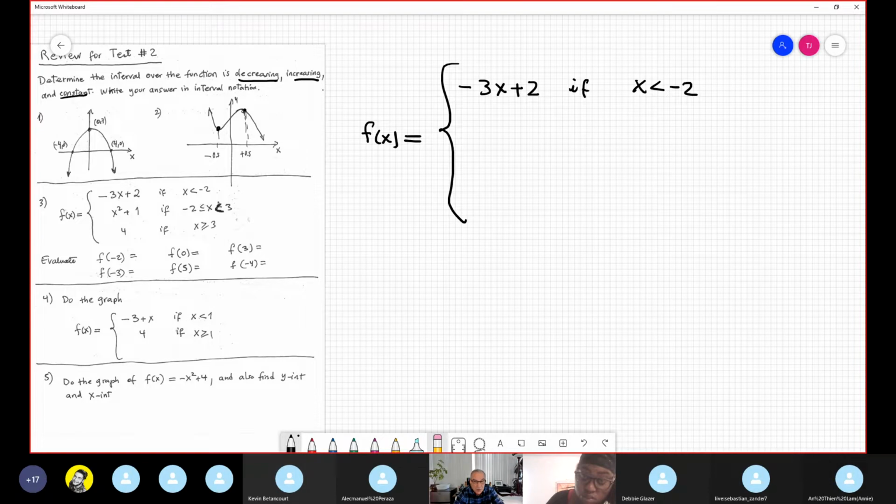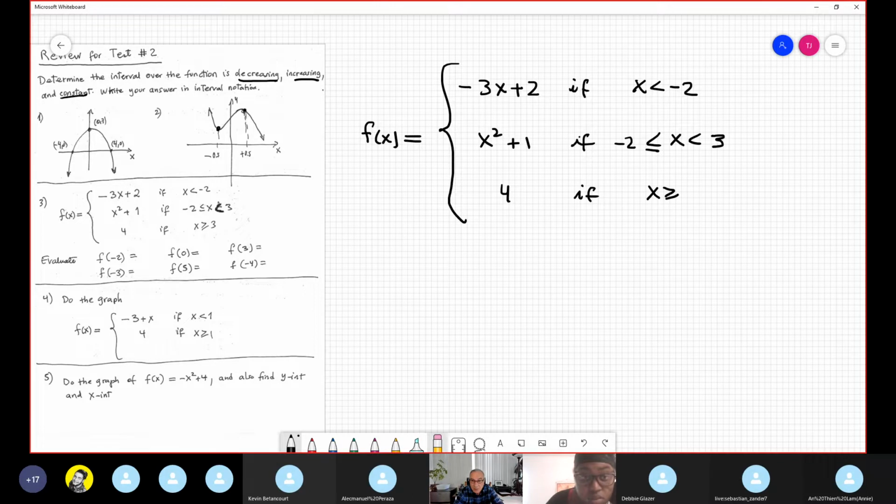Remember, a piecewise function is a function that you define using different pieces, and the pieces have conditionals. This if is the conditional. If the value in the domain that you pick belongs to this condition, you select the corresponding expression. Otherwise, no.